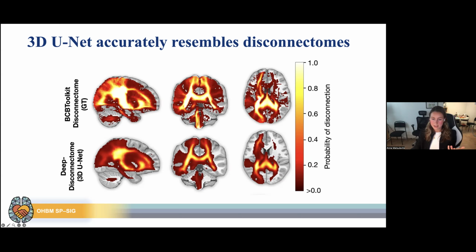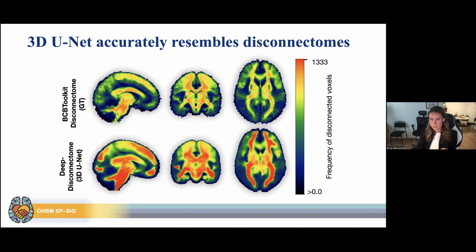The only thing you might notice is that the deep discos are a little bit smoother and might not capture every voxel and every detail. This is kind of confirmed here as well. Although it's pretty accurately resembled, here you can see the frequency of disconnected voxels, across the 1,333 lesion disconnectome pairs, for the BCB toolkit and for the deep disconnectome.